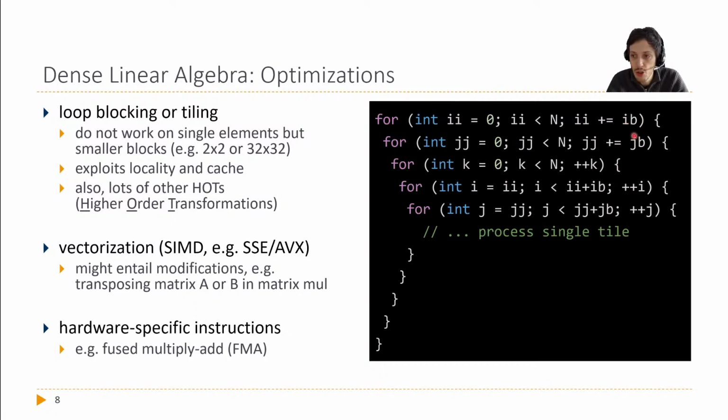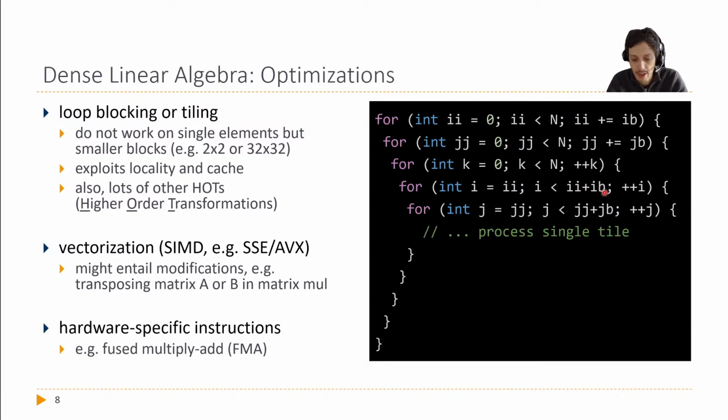So IB and JB here are not 1, but they are rather 2 or 16 or 32 or something. And then the innermost loops do not iterate over the entire domain, but instead only iterate over the current block. So we move from II to II plus IB, for example, which is the current block size. So that would be, for example, tile 32 up to 63.